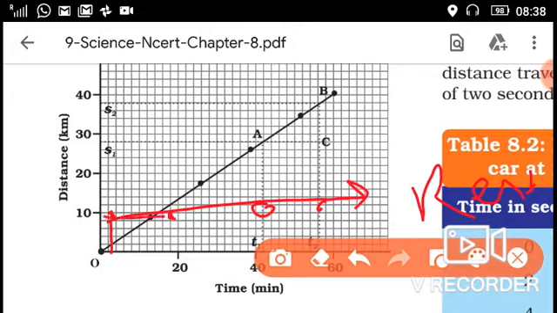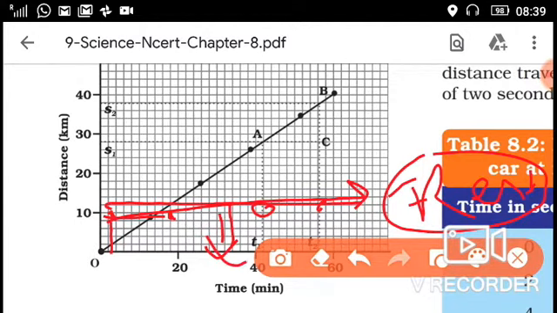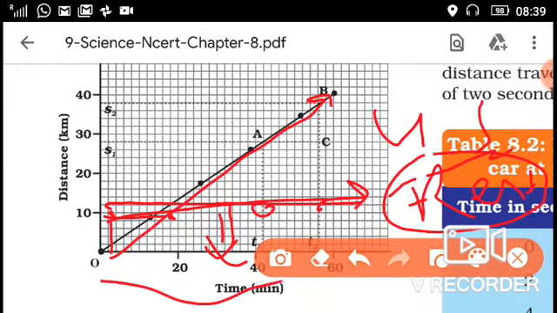It is also a straight line, but it is parallel to the x-axis. This is the rest case. When the object is at rest, the distance-time graph will be a straight line parallel to the x-axis. When it is at uniform speed, it will be a straight line, meaning that with time the distance covered also increases.